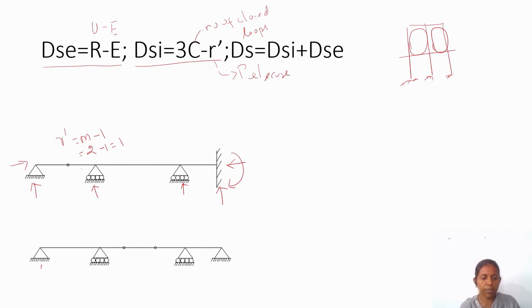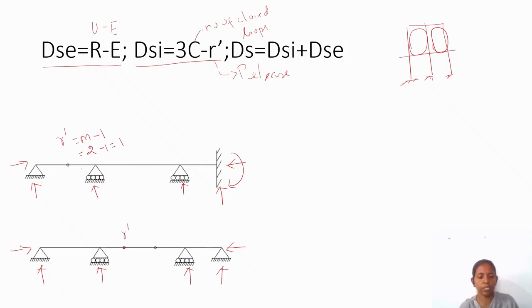In the similar way, you can find the reactions. The roller has only a vertical reaction. It will move in the horizontal direction, so there is no restraint in the horizontal direction. Otherwise, the simply supported condition will have two reactions, one vertical, one horizontal. So in this case, for R dash, you consider two hinges present.